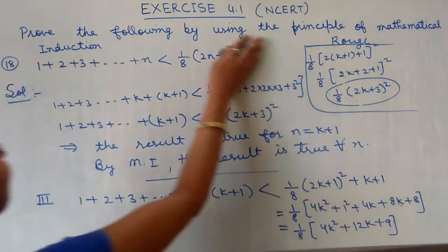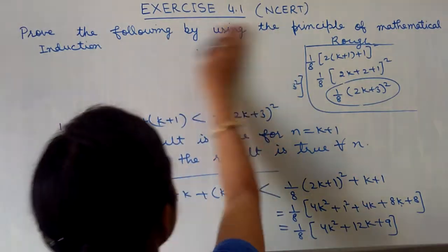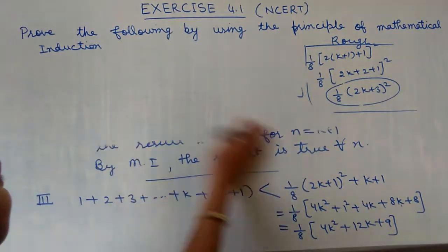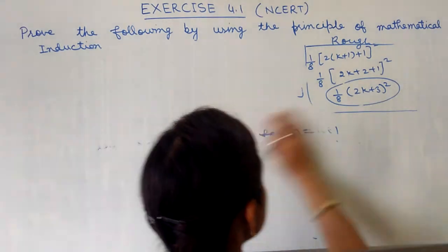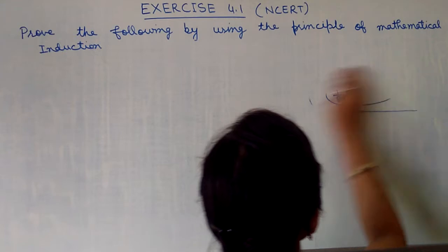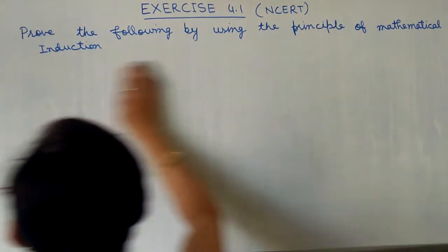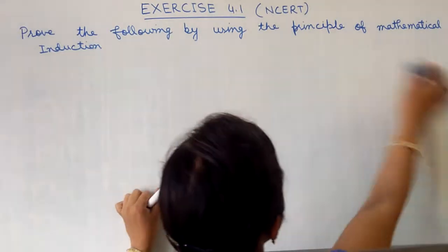Okay, now come to the second type, that is question number 19. In an inequality, the left and right sides are given. But in some questions, when there is a polynomial, there is no left and right side.